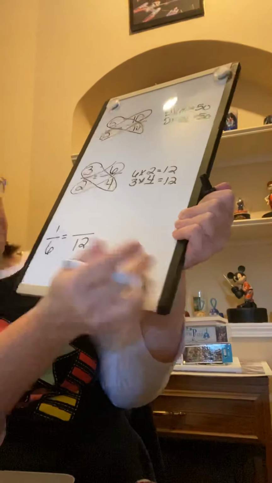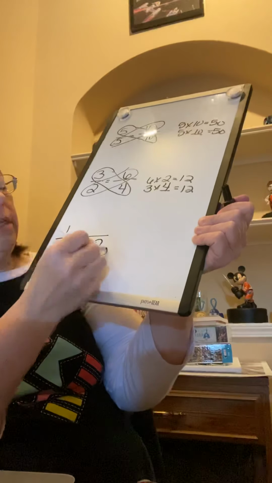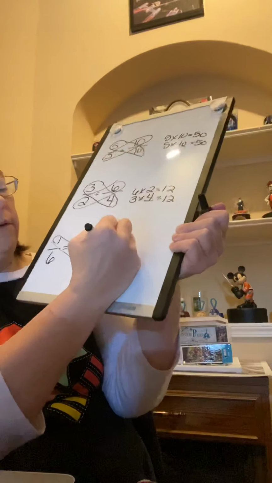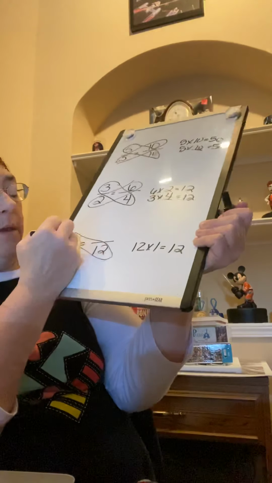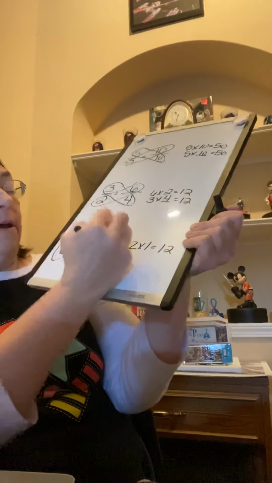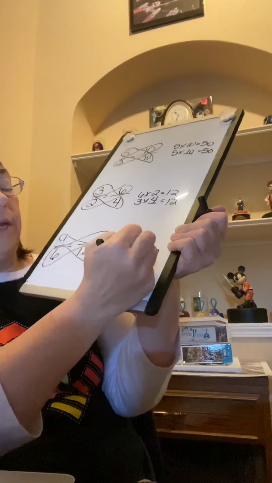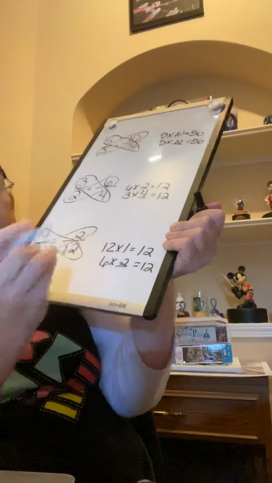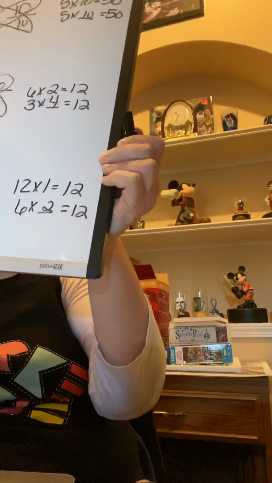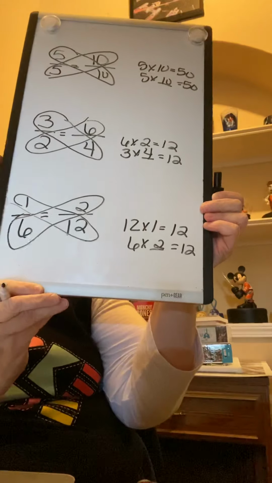All right, the last one. I had 1 times 12 on this side. So 12 times 1 equals 12. And then over on this side, I have 6 times blank equals 12. 6 times 2. So you'd put 2 up there. Okay, are there any questions on how to do this?